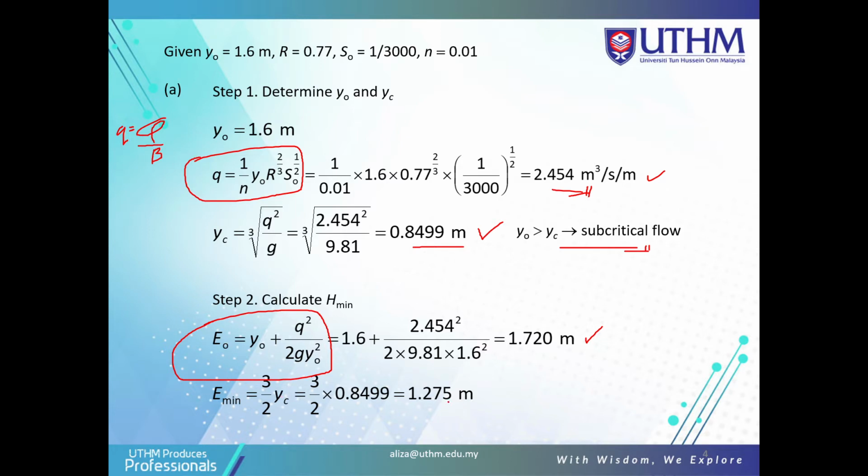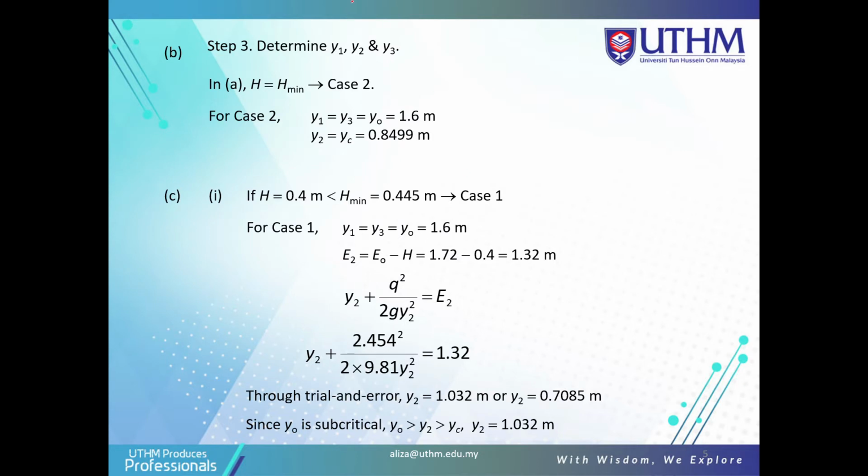So you just put the value and we get E minimum is 1.275. So we know that H minimum is E naught minus E minimum, so we get 0.445 meter.